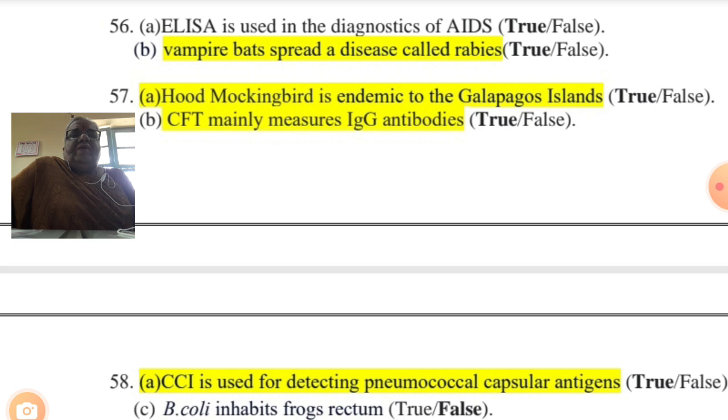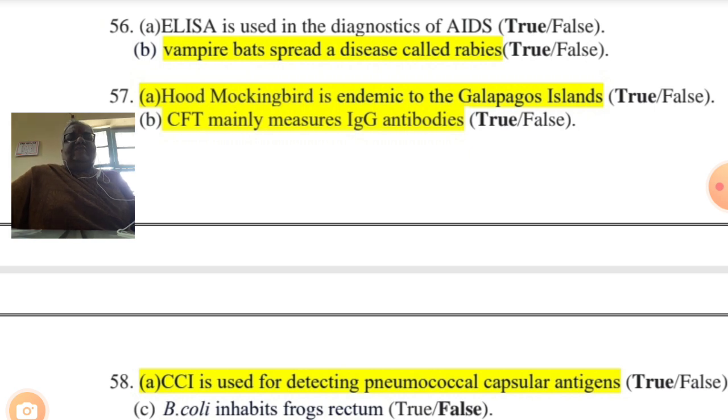Okay, so it is not diagnostics, it is diagnosis. ELISA is used in the diagnosis of AIDS. You should tell whether the statement is true or false, and the answer is true because it is used for the diagnosis of AIDS, acquired immunodeficiency syndrome.